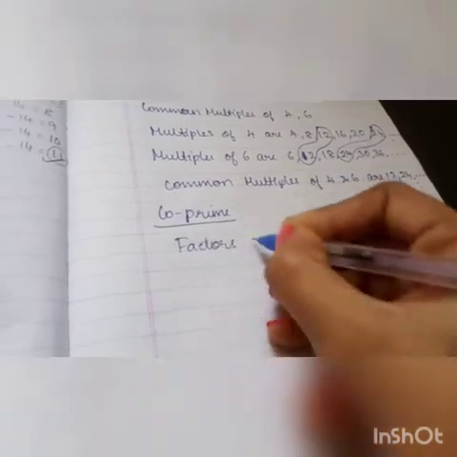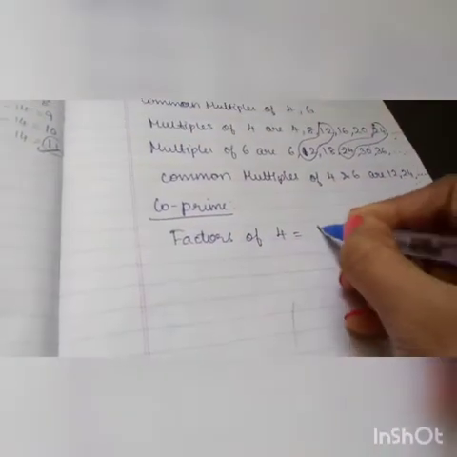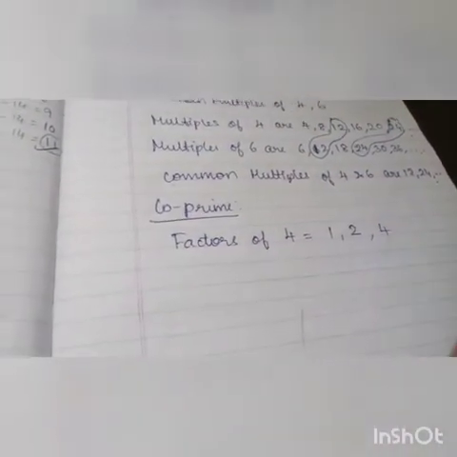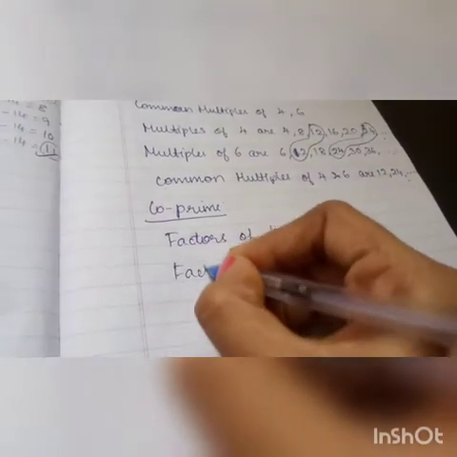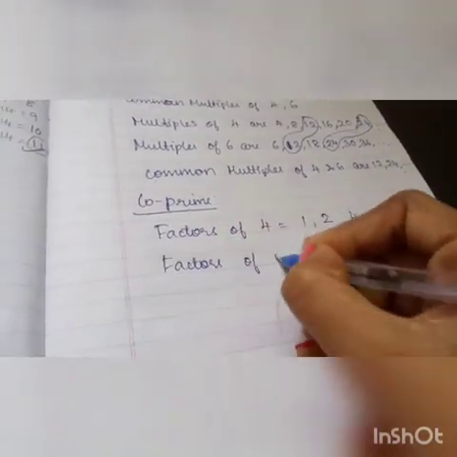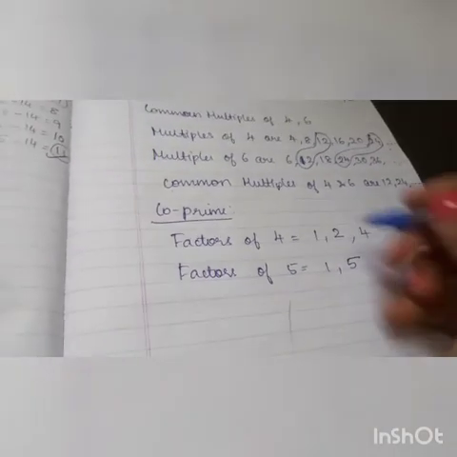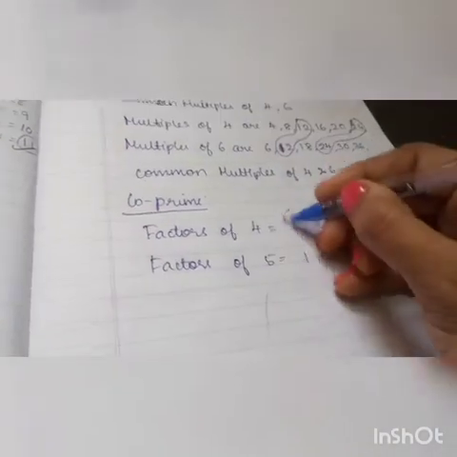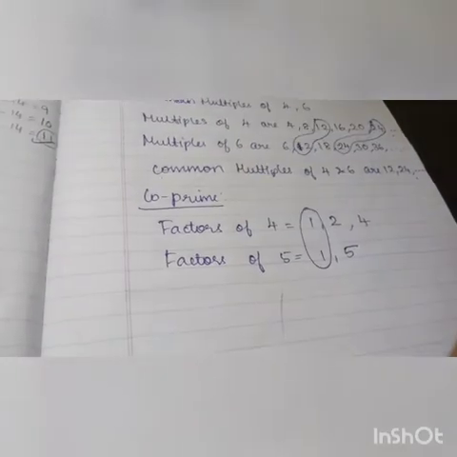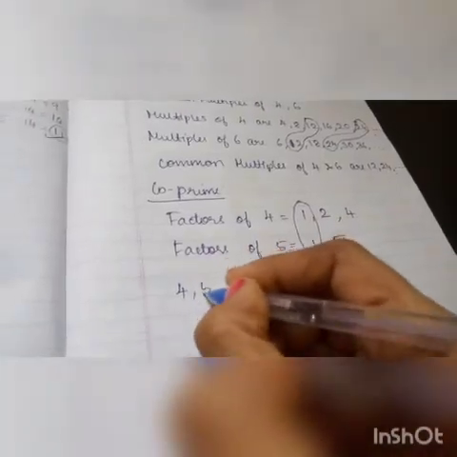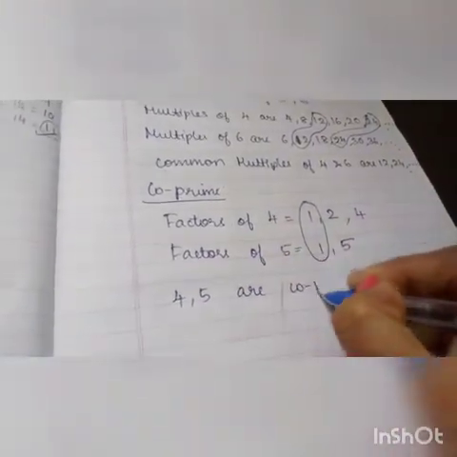So what are the factors of 4? 1, 2, 4. What are the factors of 5? 1, 5. What are the common factors of 4 and 5? Only 1. So 4 and 5 are co-prime.